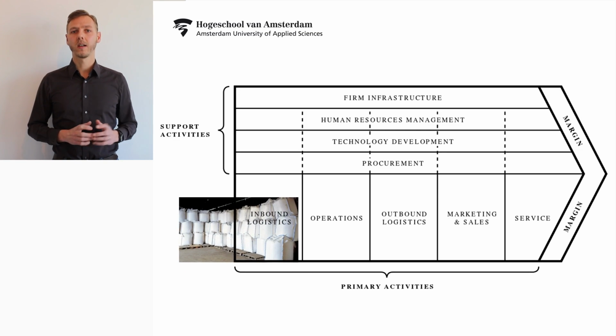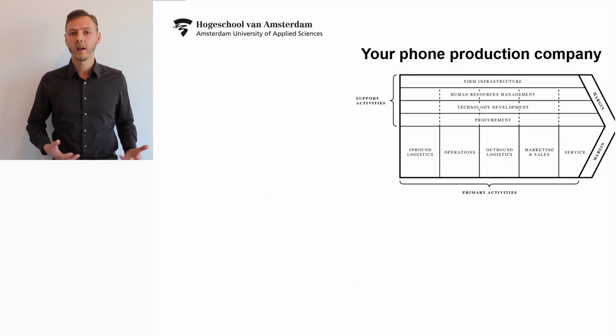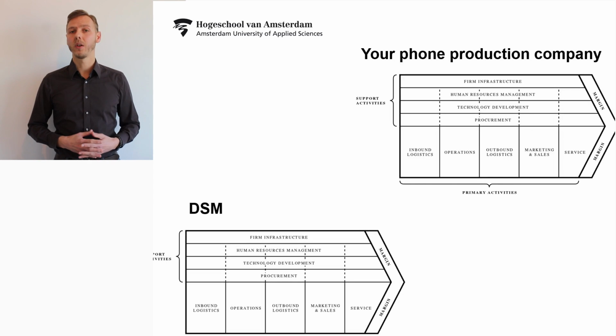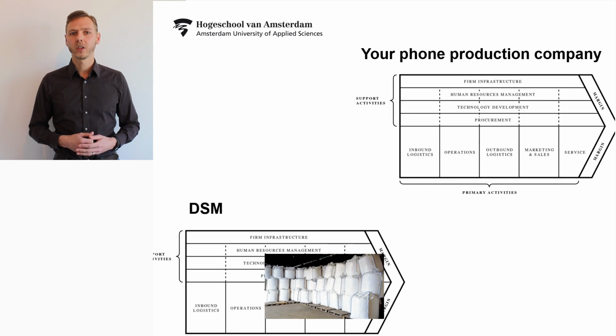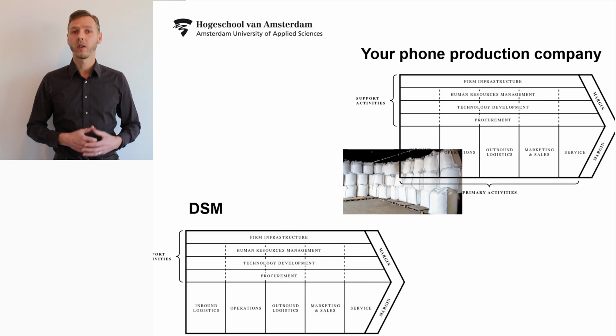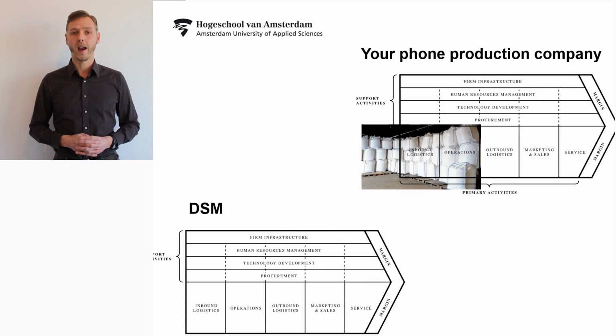This is your first linkage, which is external, because somebody, for instance our Dutch firm DSM, supplies you raw materials which help you produce the first forms of a mobile phone. So if this linkage is really short, really clear, really helping you, then that's an efficient link, an external link.